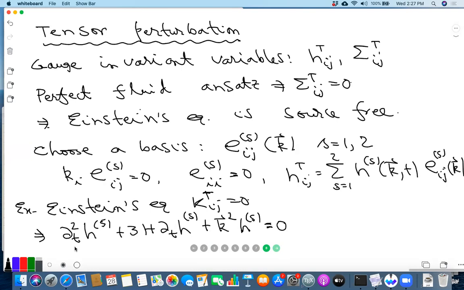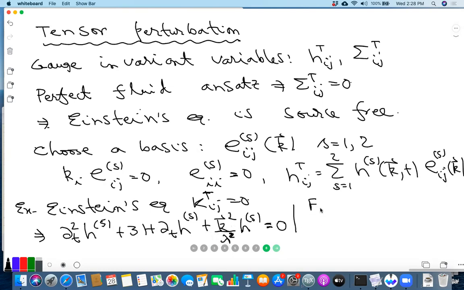I think I forgot a lambda square. Yeah, this is k square by lambda square because it's always scaled. This is a comoving momentum, so the physical one will always depend on this. And again, we see that once you divide by H squared, because this is a second order time derivative, to make this dimensionless, then you get the combination k square over lambda square H square, which is small.